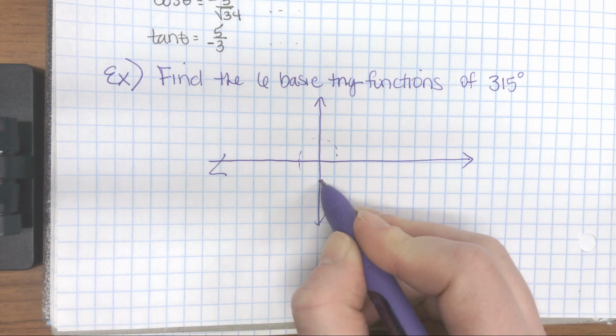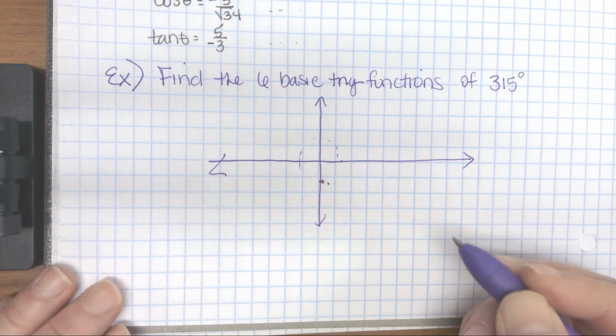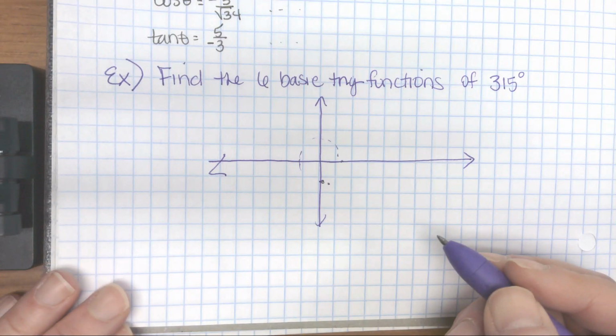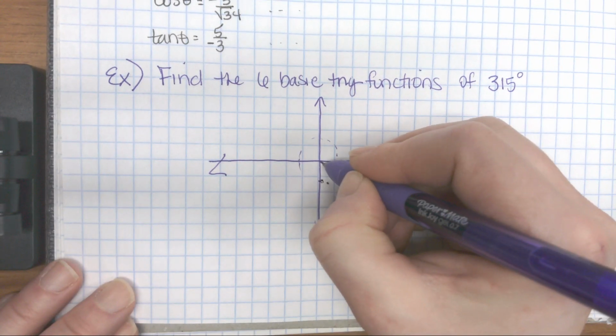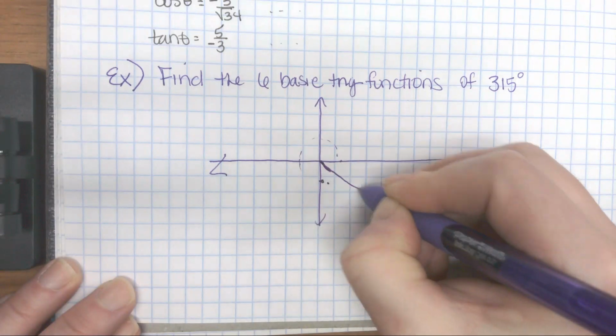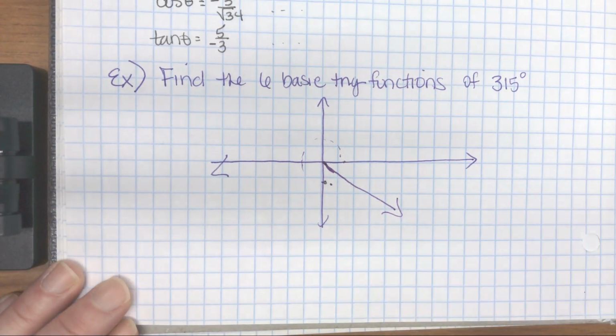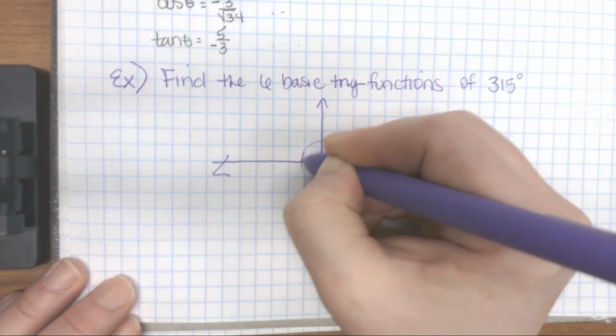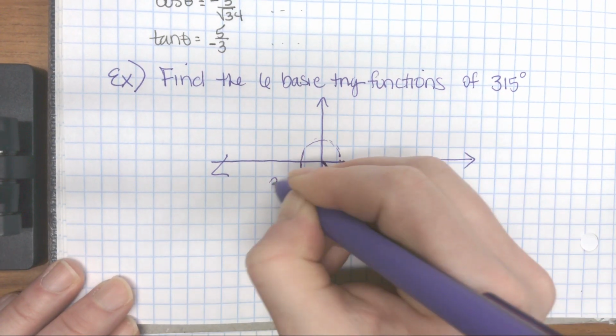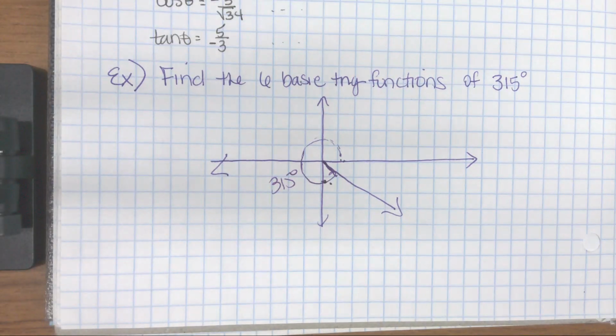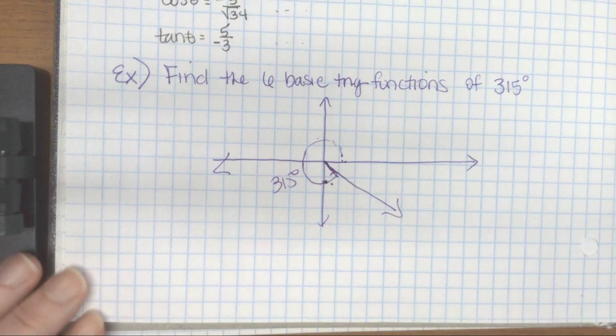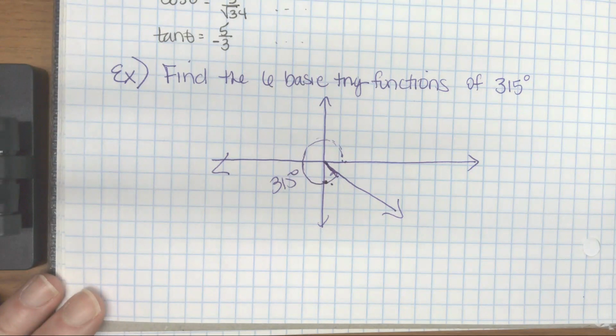45 degrees between here and here. Okay. 45 degrees is the key word there. So we're going to draw a 45-degree angle. Okay. I'm going to write the 315 there. My reference triangle that I'm going to draw is the one that's made closest to the x-axis. So I'll draw a reference triangle.